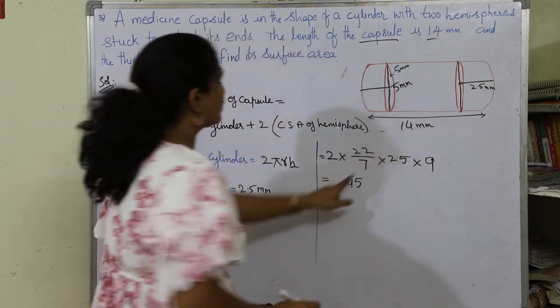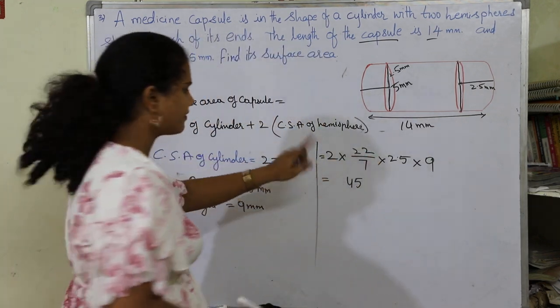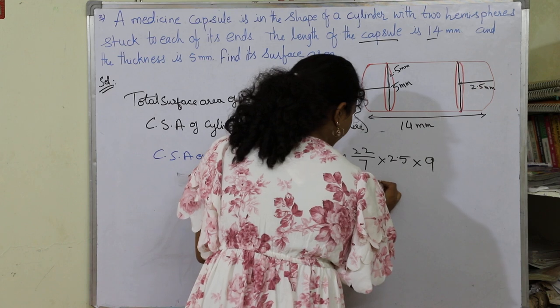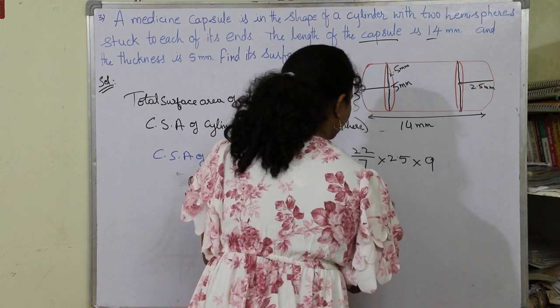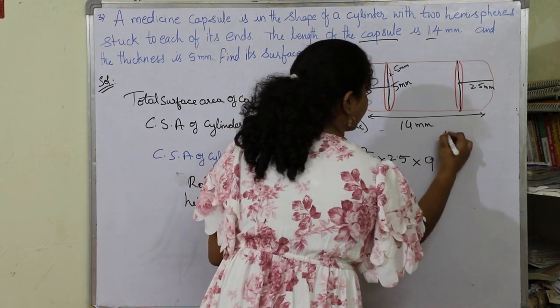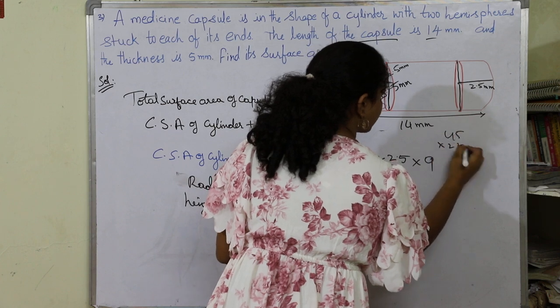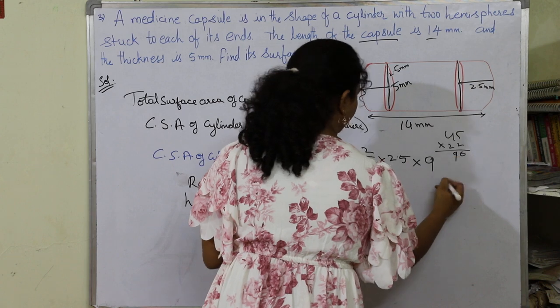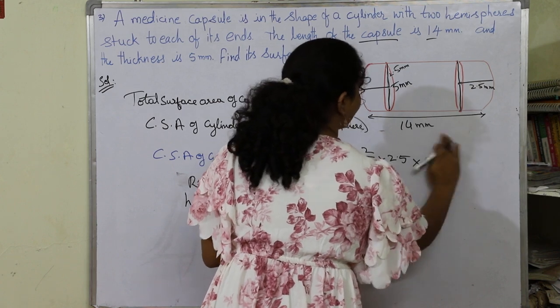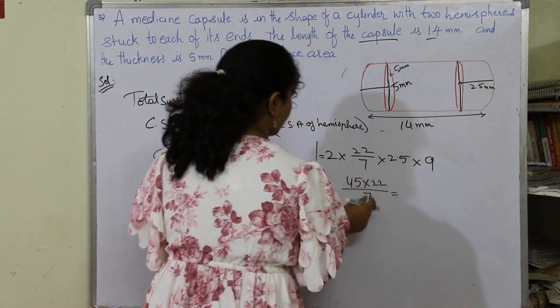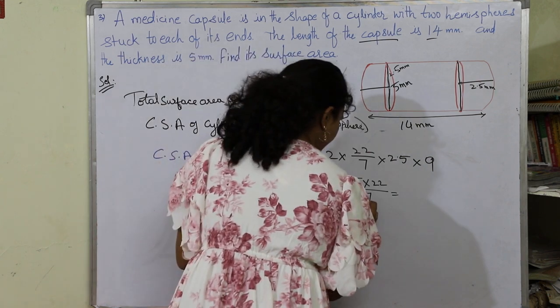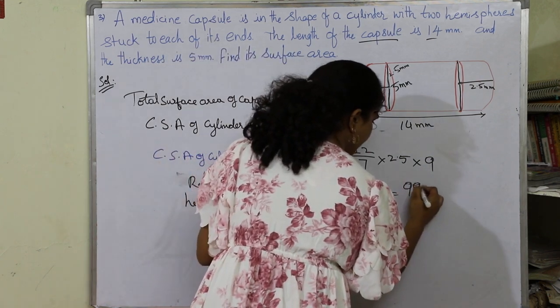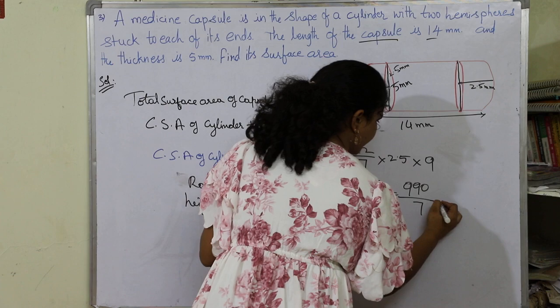So 45 into 22 by 7. 45 into 22 gives 990, so 990 by 7.